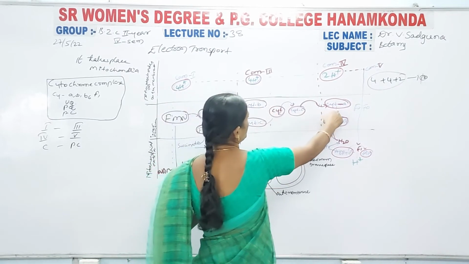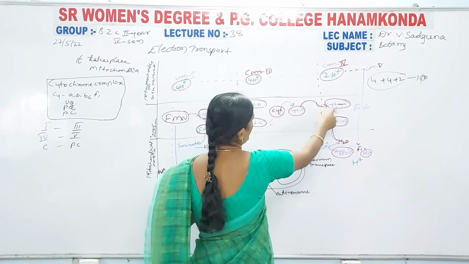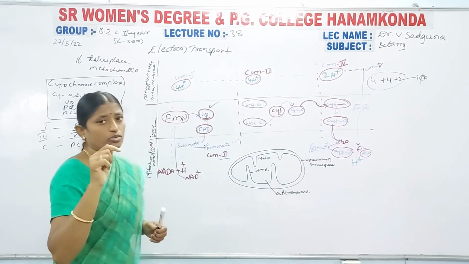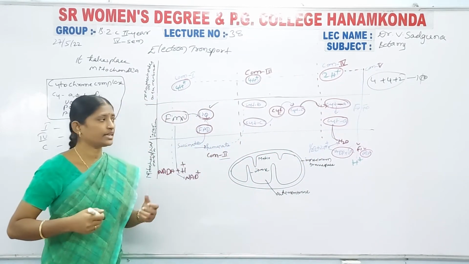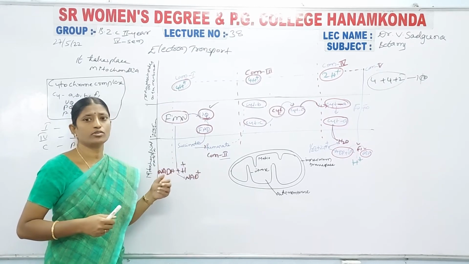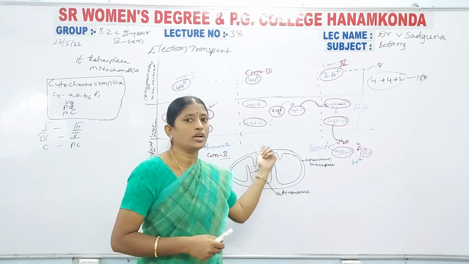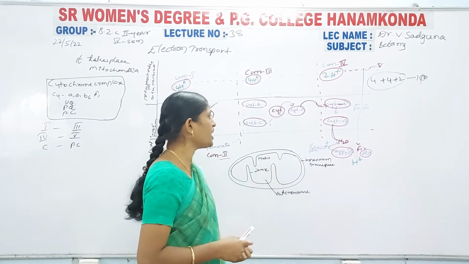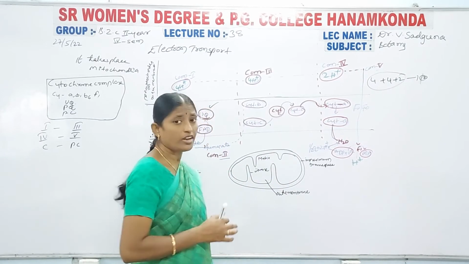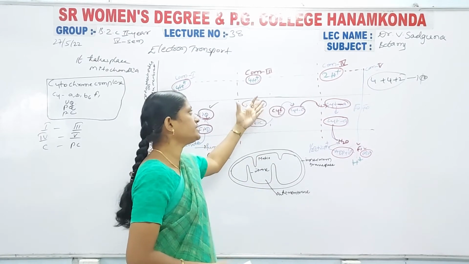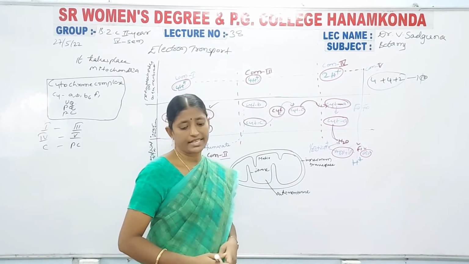Then it involves the complete 6 cytochrome complexes, 1, 2, 3, 4, 5, 6. That is a cytochrome C and cytochrome A complex. Most of the cytochrome complexes are involved in complex 3, the cytochrome complex C.